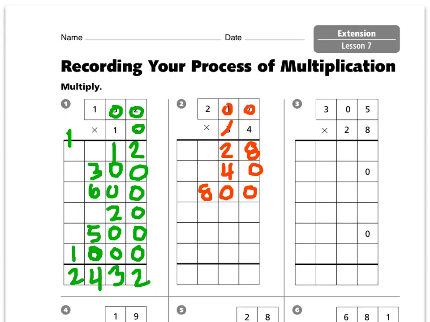Now you have to go ahead and work with the tens column. So the 4 is gone, and you're working with 30 times 7 first. 3 times 7 is 21, and then you drop the 0.